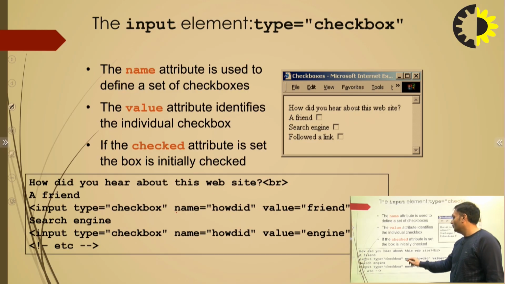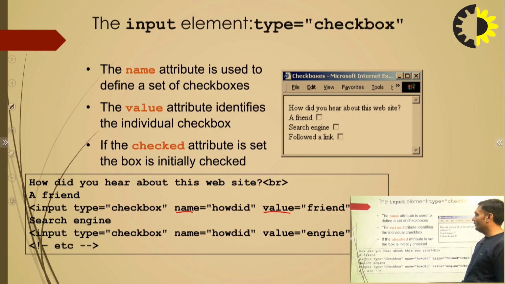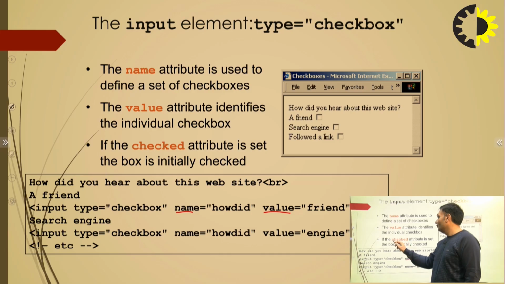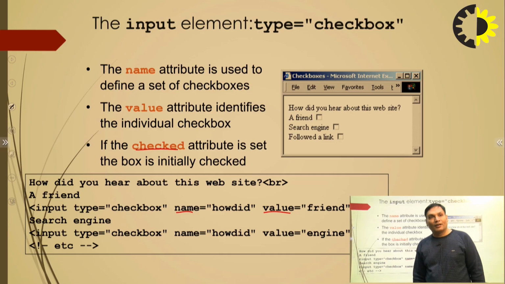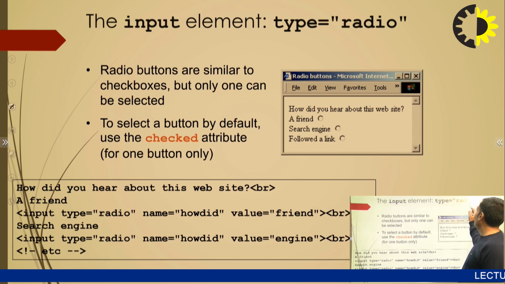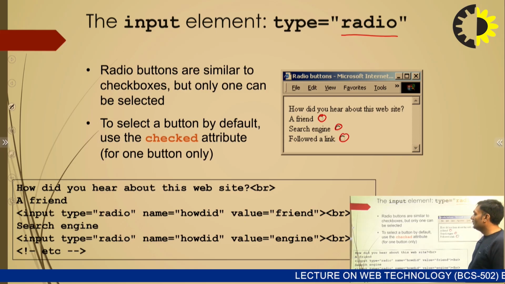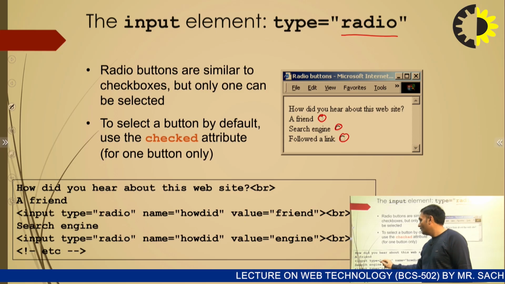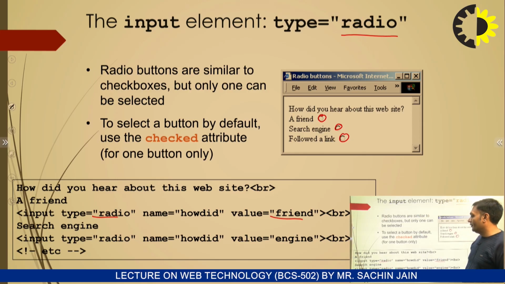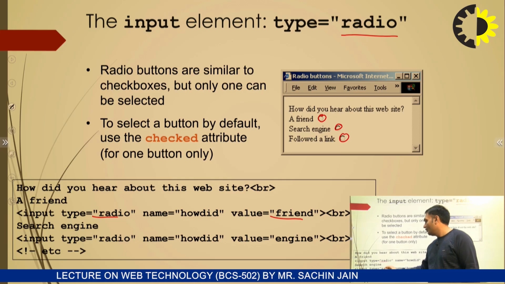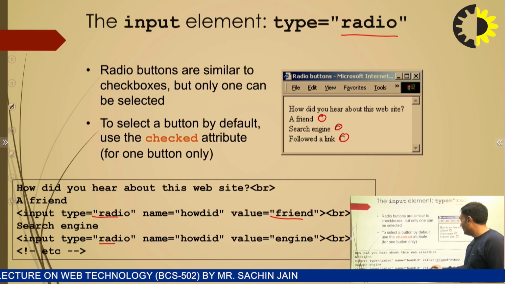And we can use the name and value attributes, and in the case of a checkbox, we can use the checked attribute as an input type attribute. If I am taking input type equal to radio, this small button is called a radio button, then we can use input type equal to radio with possible values here.